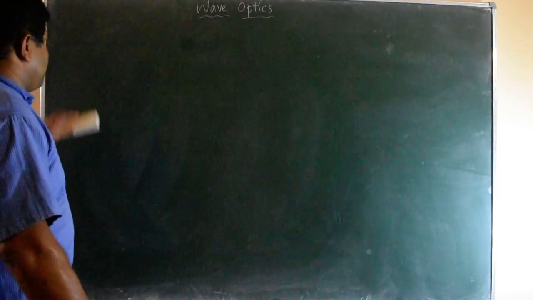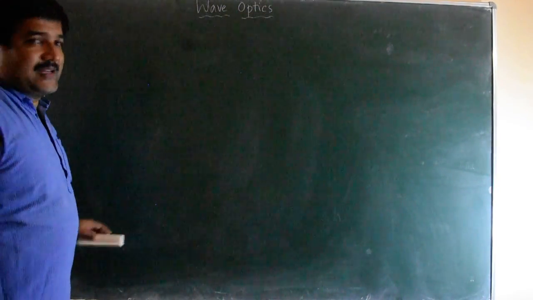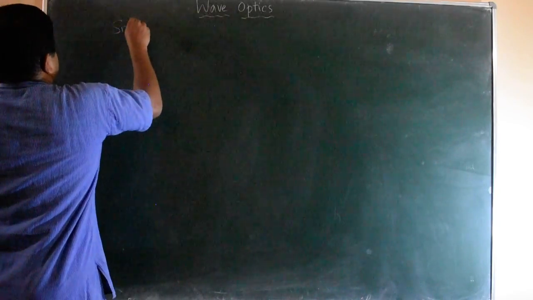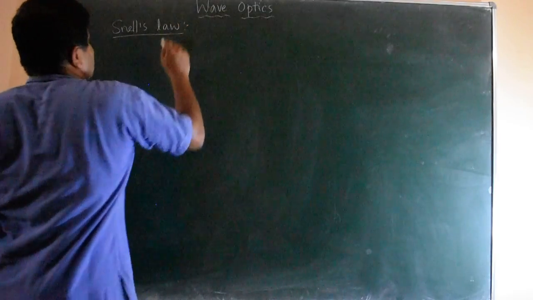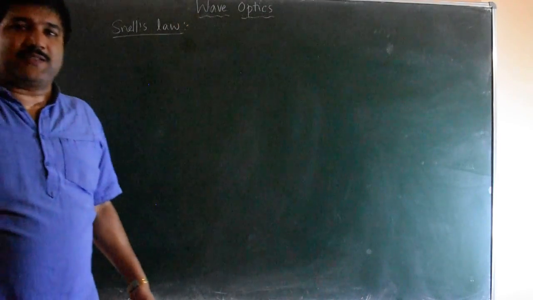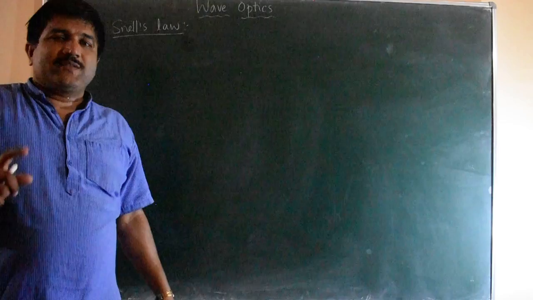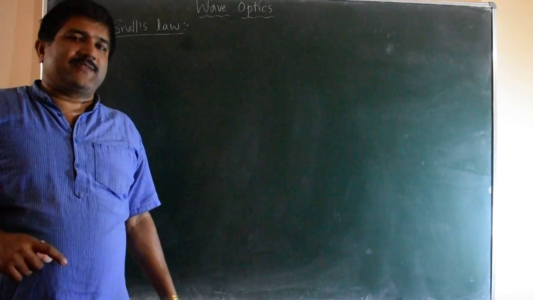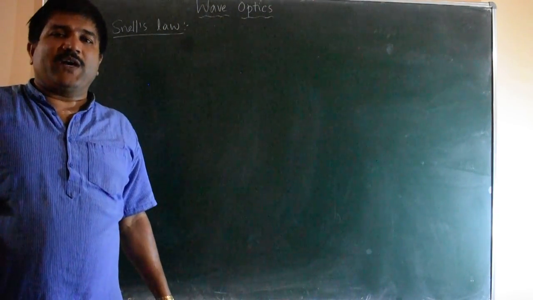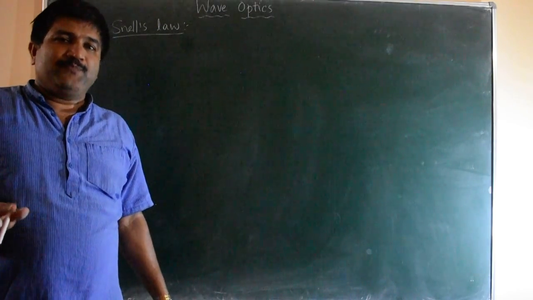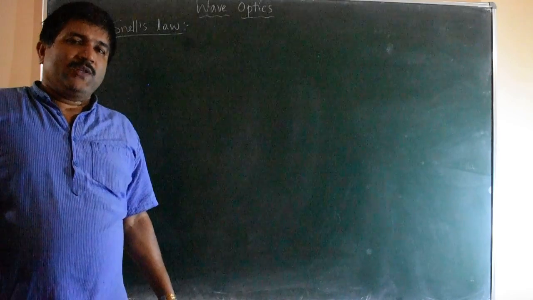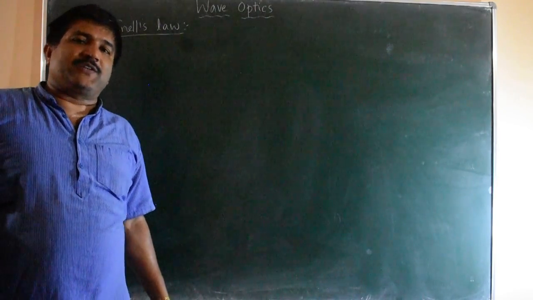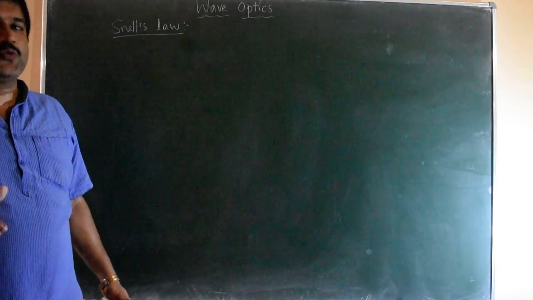So firstly, let me prove Snell's law. Snell's law states that the ratio of sine of the angle of incidence to the sine of the angle of refraction is a constant, and the constant is equal to the ratio of the refractive indices of the two media.